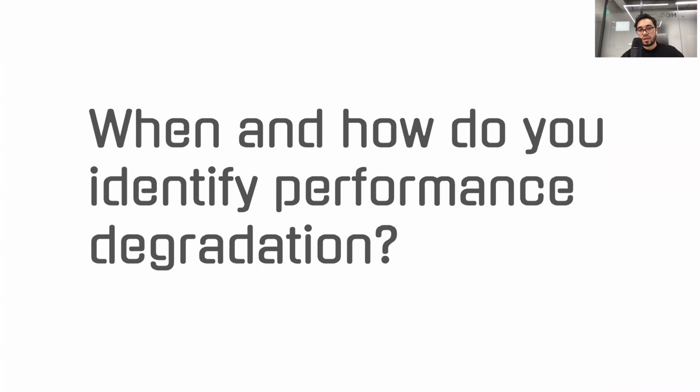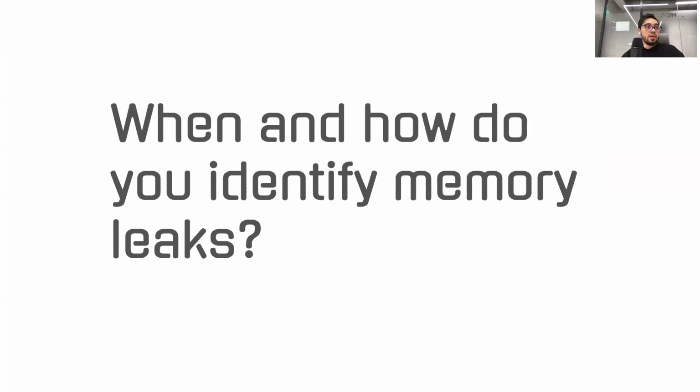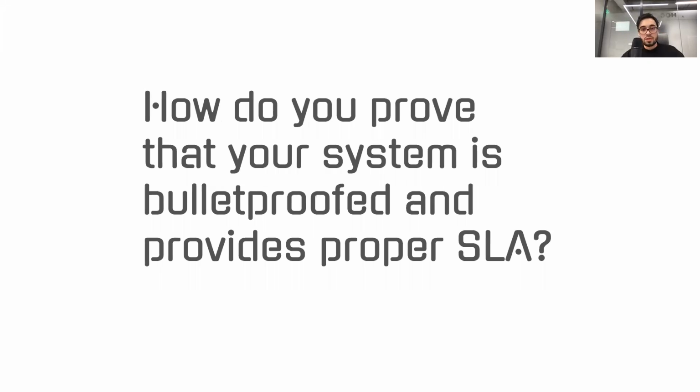The thing is that you understand it in a post-factum manner. It's not cool. And then when and how do you identify memory leaks? It's also tricky. Usually you deploy to production and you see based on some metrics that your instance is restarting once in 2 days or something like that. It's also a tough situation.